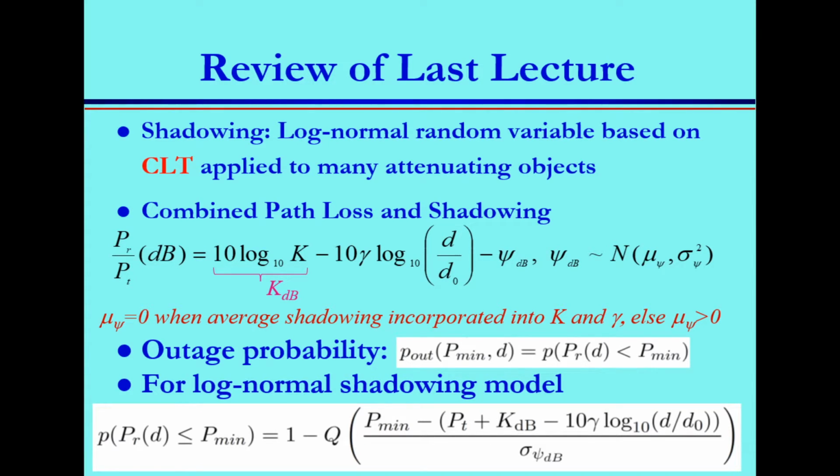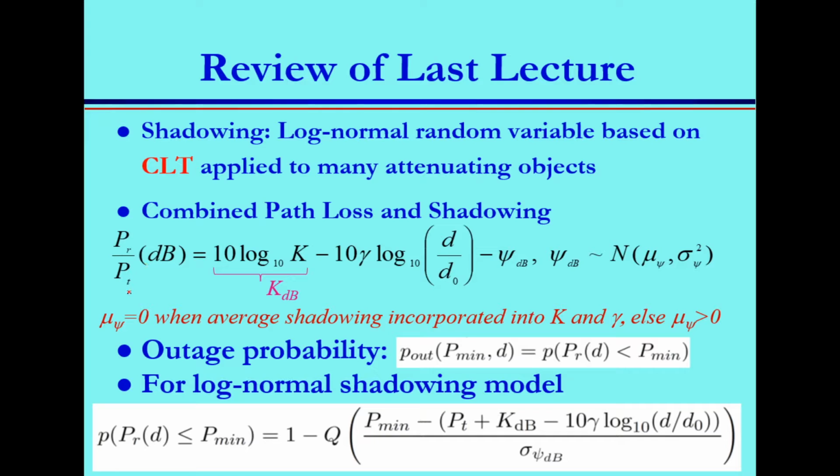So, consequently, when you combine path loss and shadowing, you get a model which is given as follows. Yes, everybody remembers this model that we talked about in the previous lecture. PR is the received power of the signal.